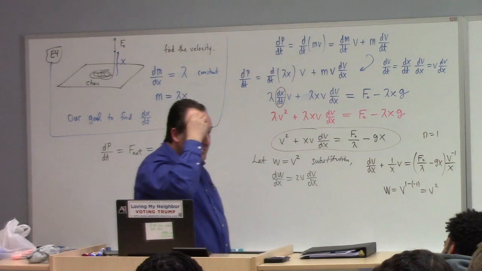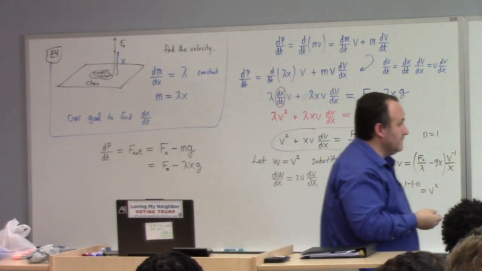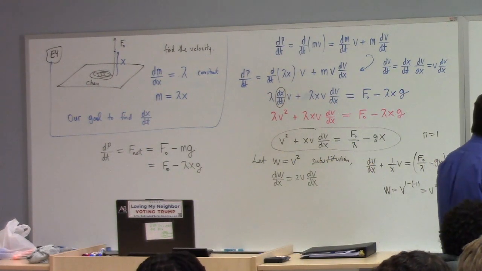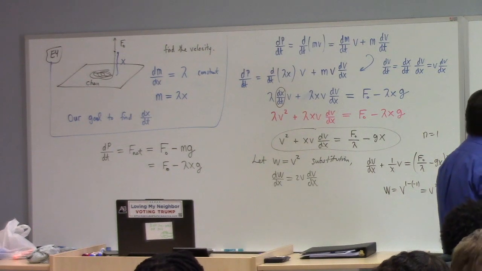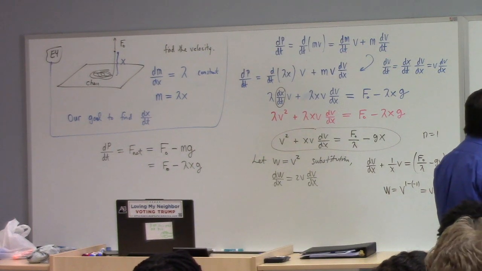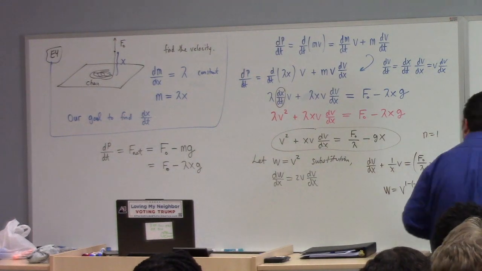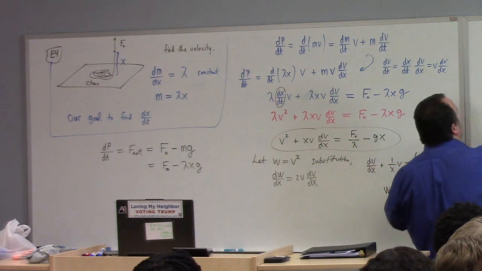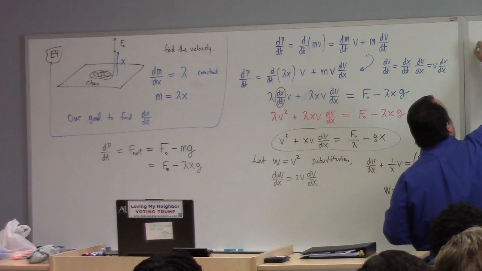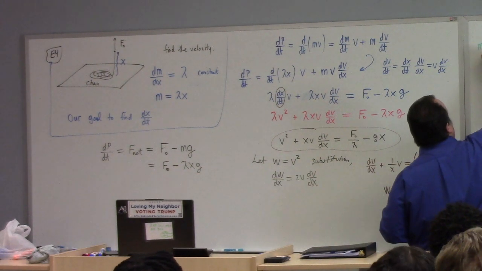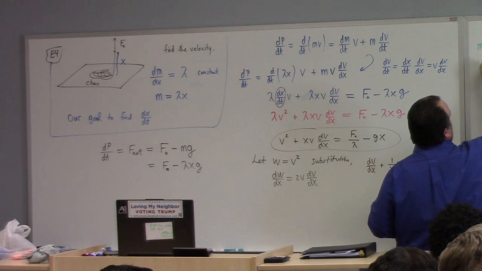How did x equals 1/2 dw dx become 2 over x w at the top? That is an algebra step. I multiply by 2 over x.